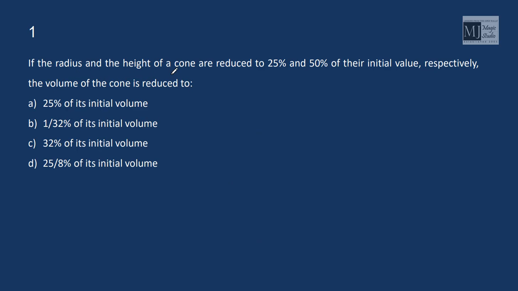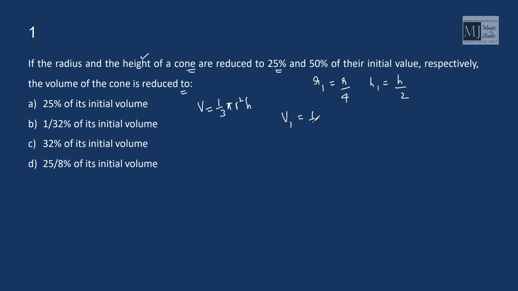If the radius and the height of a cone are reduced to 25%, that means the new radius is r by 4, and 50% of the initial value, the new height is h by 2 respectively, the volume of the cone is reduced to... Initial volume was 1 by 3 pi r square h, new volume is 1 by 3 pi r1 square into h1.